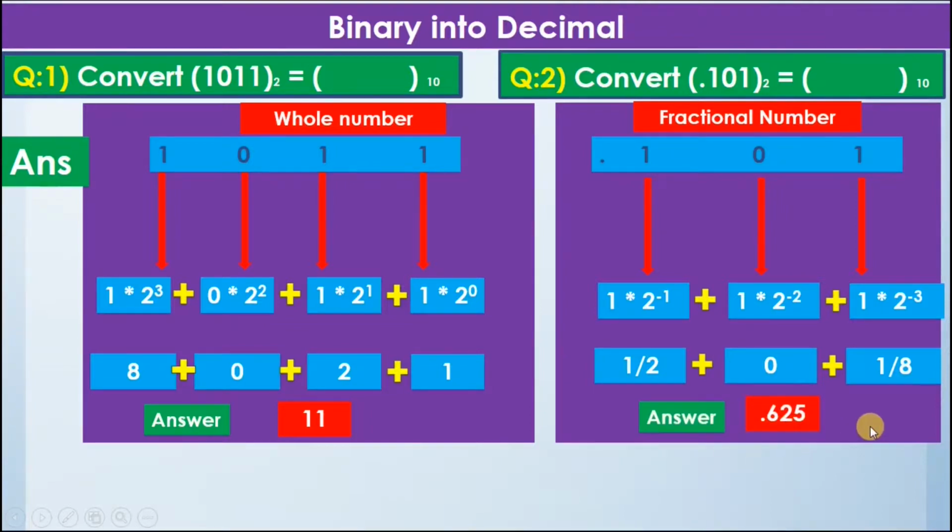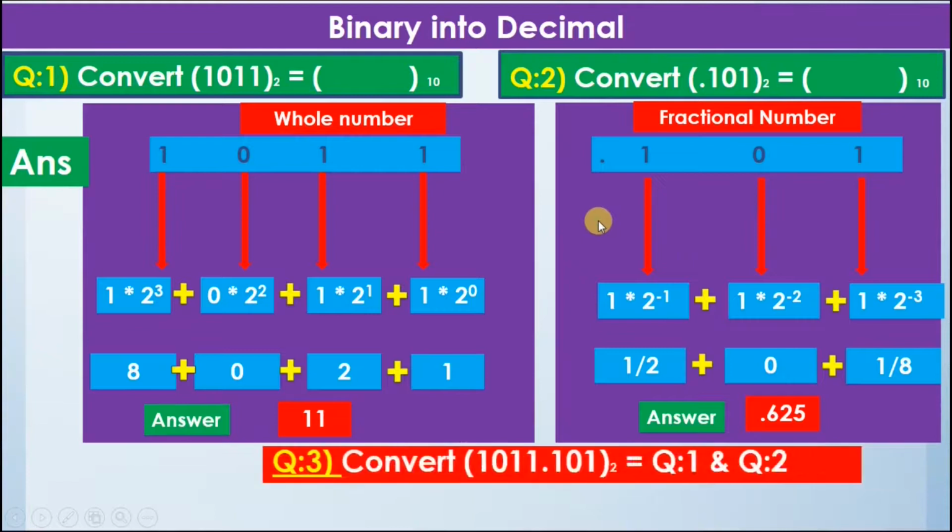So we solved the whole number using this procedure and we solved the fractional number using this procedure. Now let's move towards question number 3, in which we have to convert the number 1011.101 in binary into decimal. We can see that this number has a whole part as well as a fractional part.